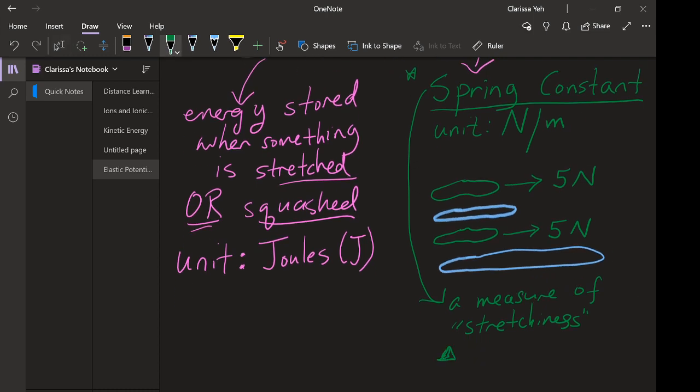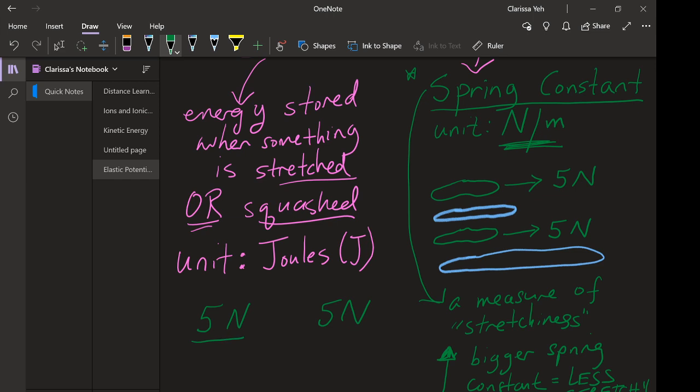The bigger the number, it means it's less stretchy. This might seem a little bit counterintuitive, but if you think about the unit, let's say we applied 5 newtons of force to each of them.